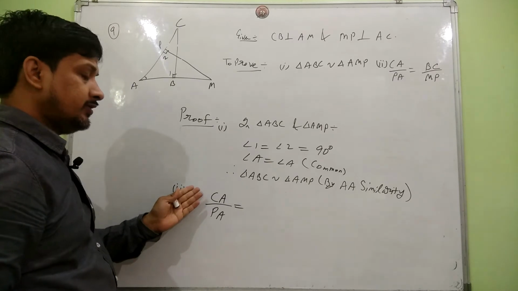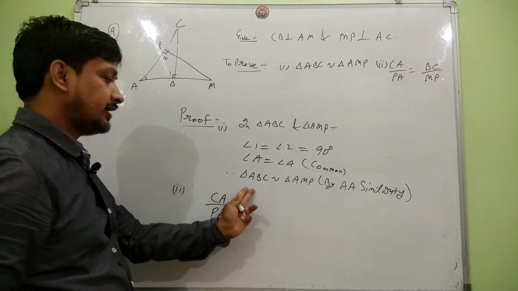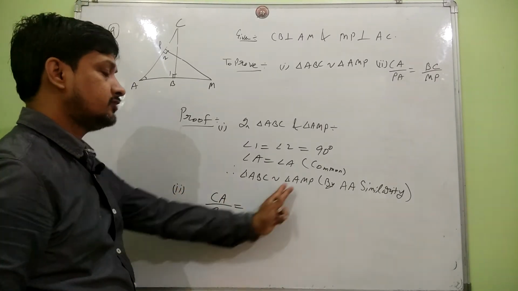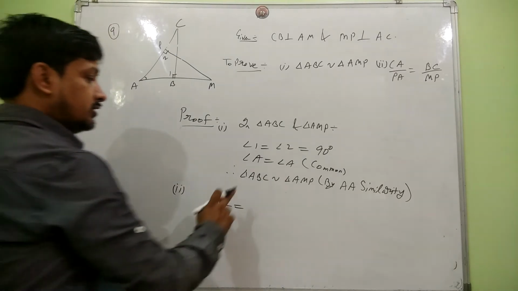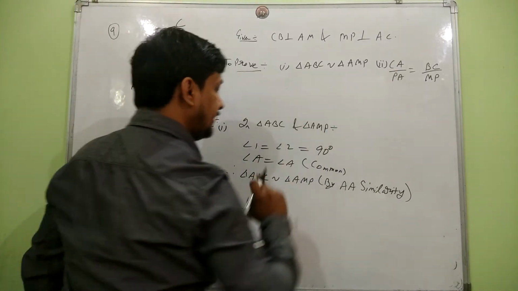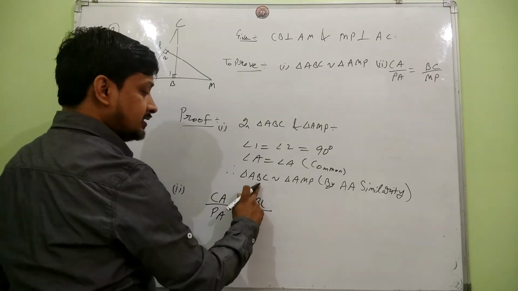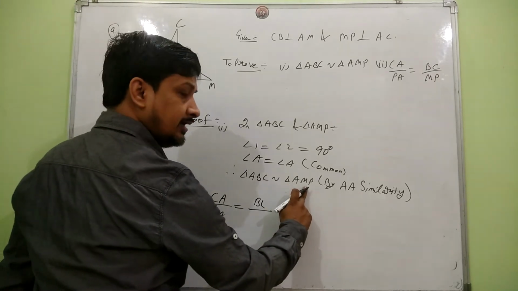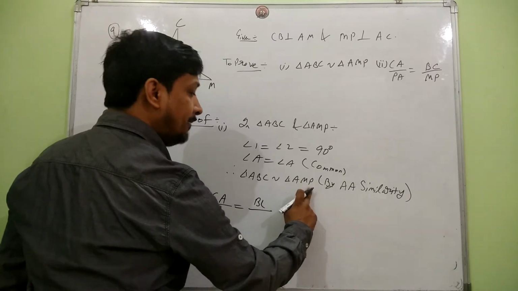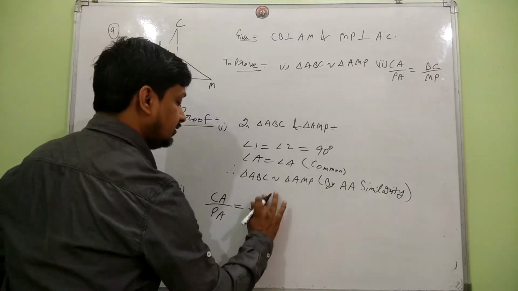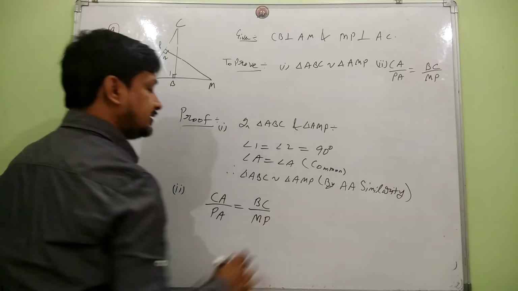The thing in the numerator is for the first triangle and the thing in the denominator is for the second triangle. Now again we want BC. BC is the second side of the first triangle, and the second side in the other triangle will be MP. Is the result okay?